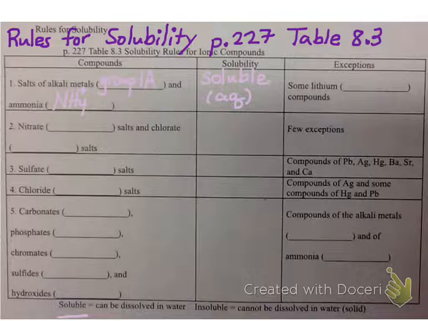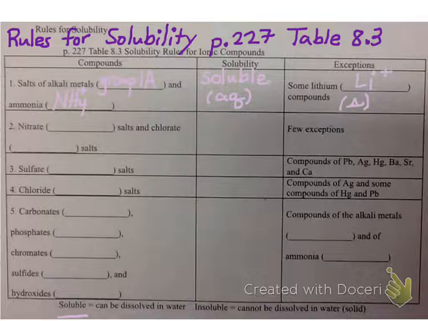Now, exceptions, it says some lithium, so you can write the formula for lithium there, which is Li+, compounds. So if you have a lithium compound, likelihood is you're going to put that it's a solid because it's an exception to being soluble.